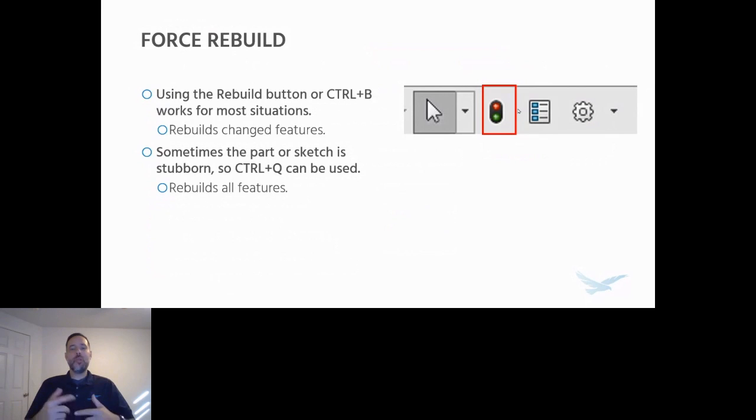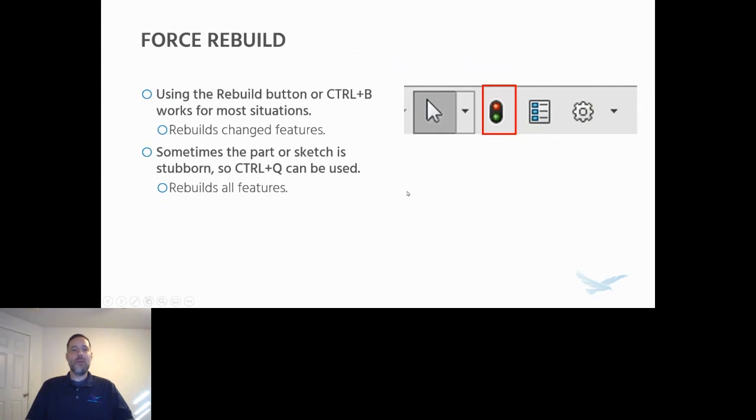When you do a change within SolidWorks, right, you edit a dimension, sometimes you'll see the stoplight on the feature. And we'll actually see this a little bit later on. You can hit this at the top of your screen. It's a stoplight, or you can use Control B on your keyboard, and that will rebuild just that change filter.